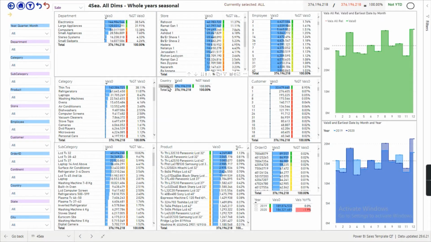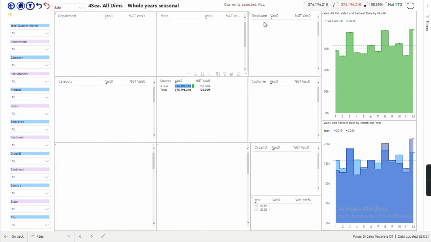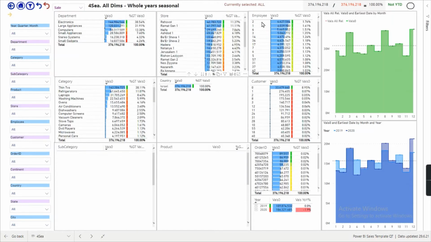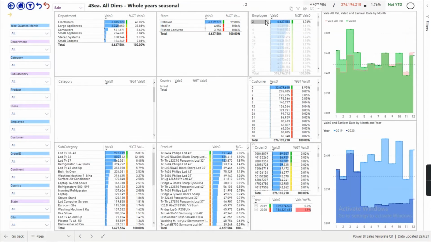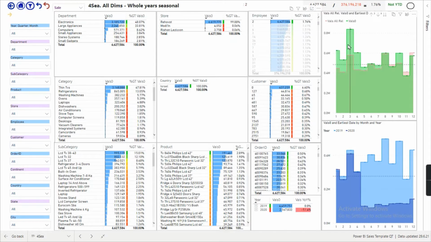There is only one country, so it's not interesting. It's the whole average. And let's see the biggest employee, number 2. Okay, he's also working strong at the start of the year and less at the end of the year.